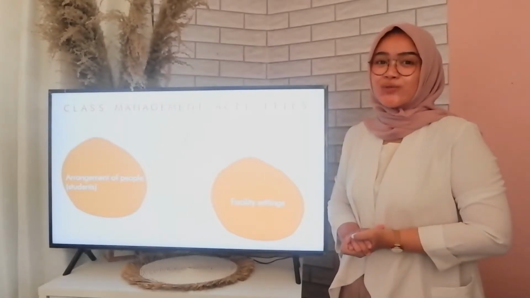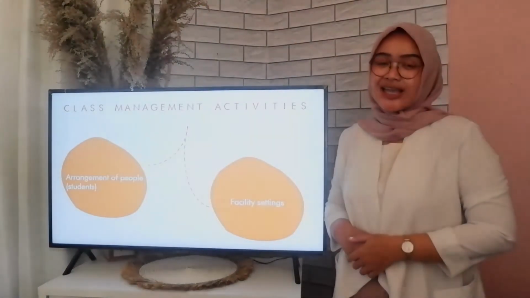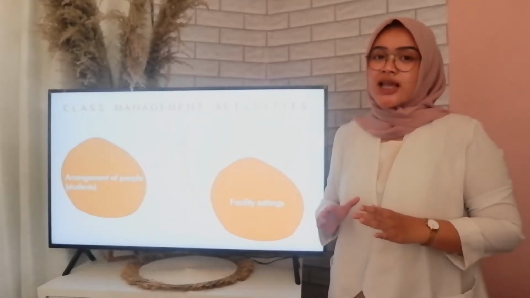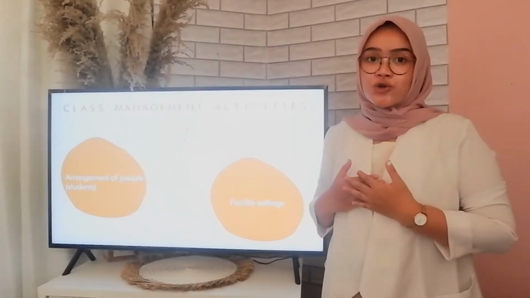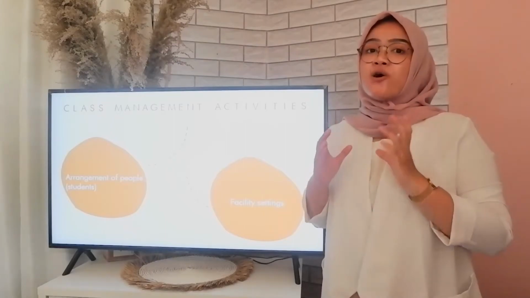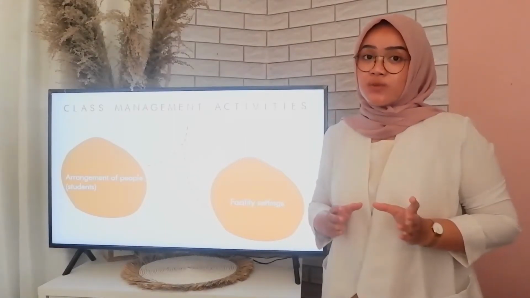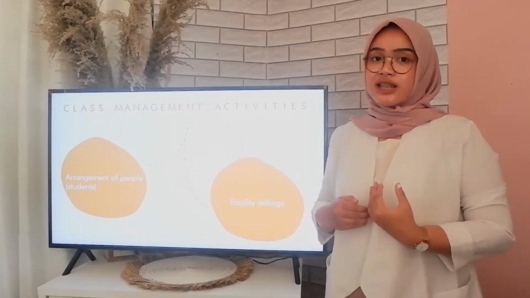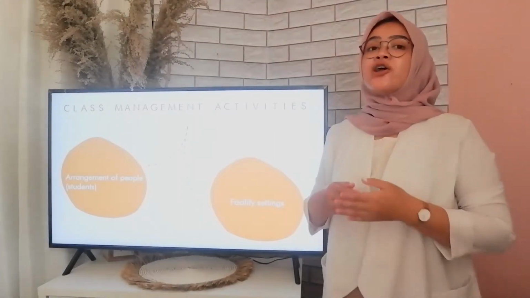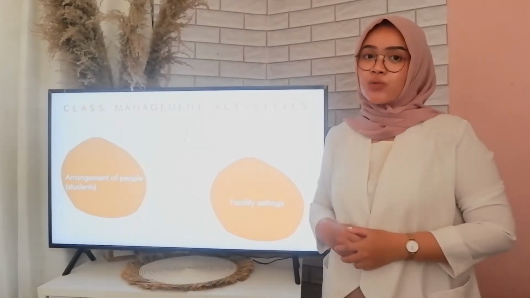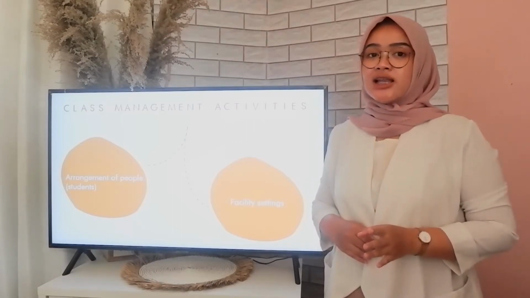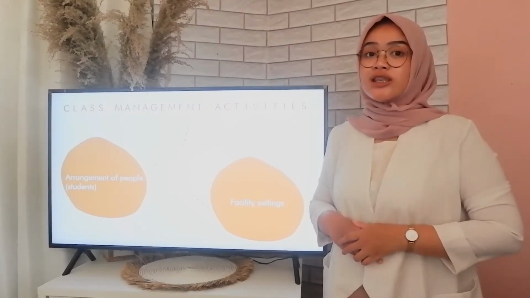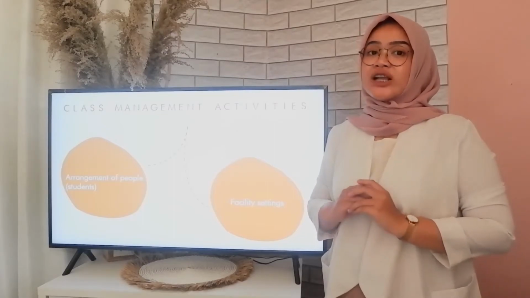Okay, let's move to the facility setting. The facility refers to our classroom facilities. We are responsible for our facilities. For example, if we have a classroom with an air conditioner, we need to make sure that the air conditioner is cool enough, and the floor is clean.